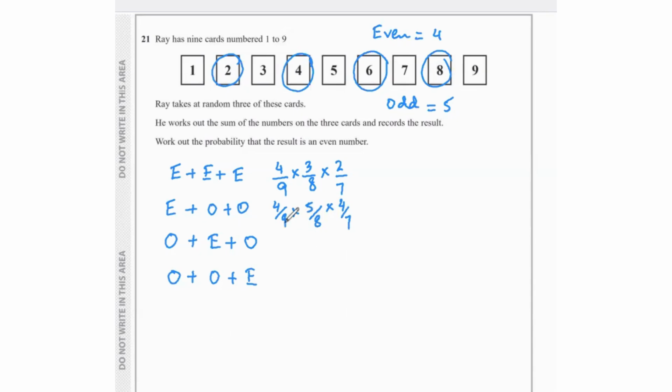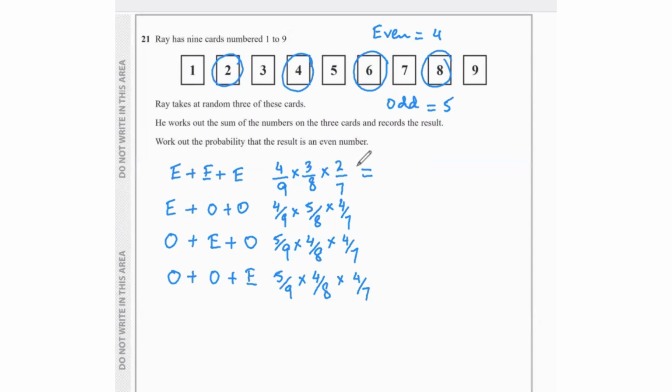For the next combination, the probability of getting an odd number is 5 over 9, then an even number would be 4 over 8, and then again an odd number would be 4 over 7. Once again, for odd, odd, even, it's going to be 5 over 9, then times 4 over 8, and then times 4 over 7. So first, we're going to find the product of these, and then we're going to add the results.